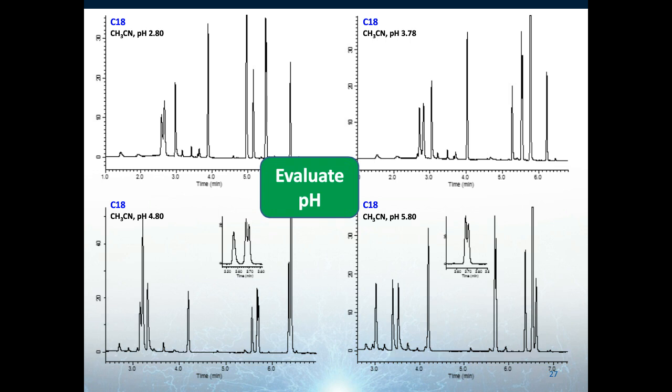Then the bottom left is C18 with pH 4.8 buffer. The top right is C18 with pH 3.8 buffer. And the bottom right is C18 with pH 5.8. So you can see the selectivity of the later eluting peaks seems to do better at lower pH compared to higher pH.